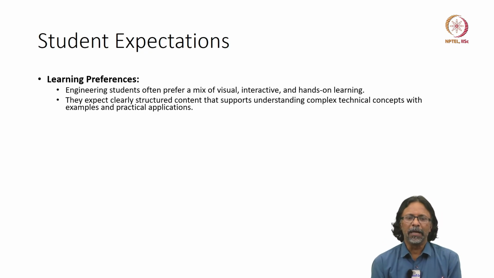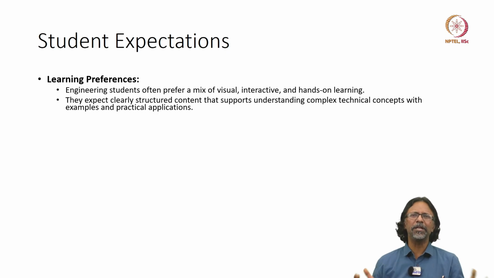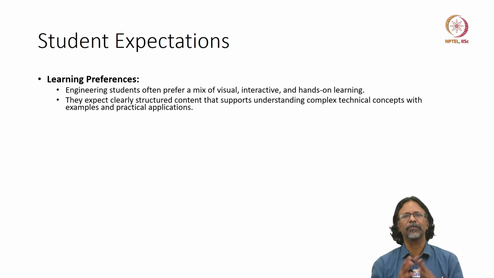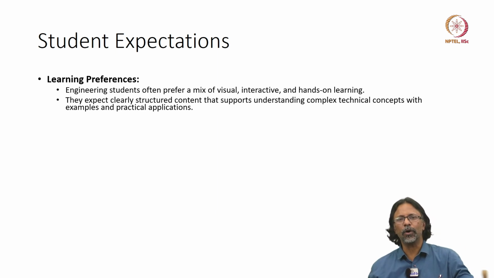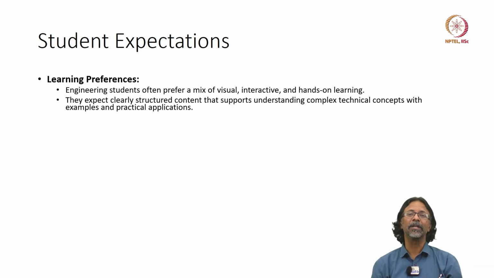Especially when you talk about complex engineering courses, you would expect lots of animations of complex concepts. You want to see photographs of real things, right? If you are teaching a course in science, biology, or a complex engineering part like mechanical engineering, they want to see the real pictures, how it works, how you break it open, because all these things are possible in the digital world.